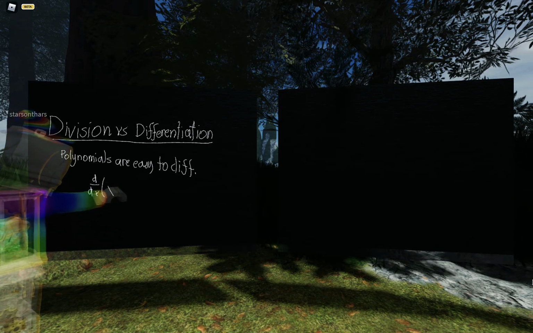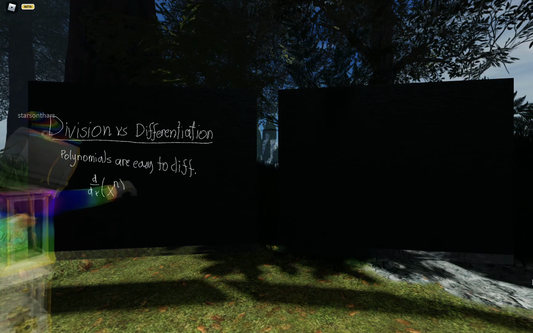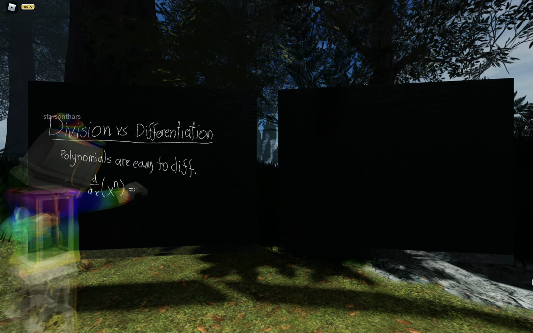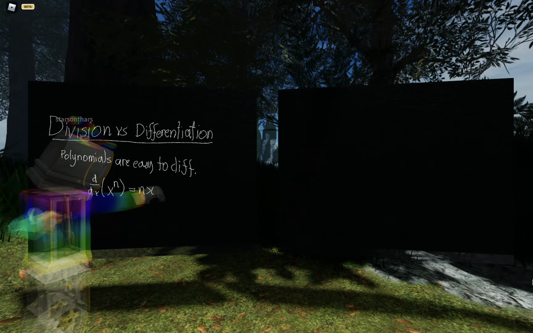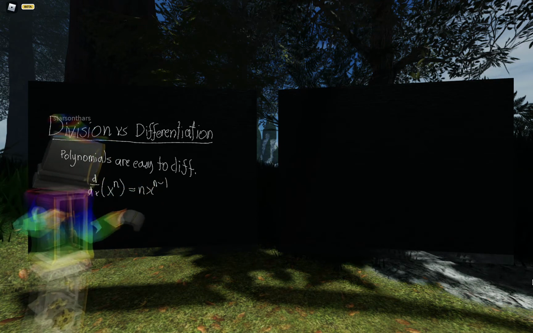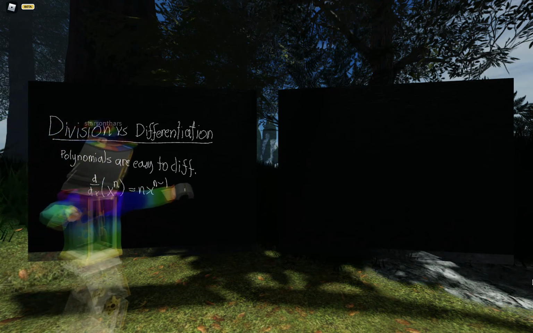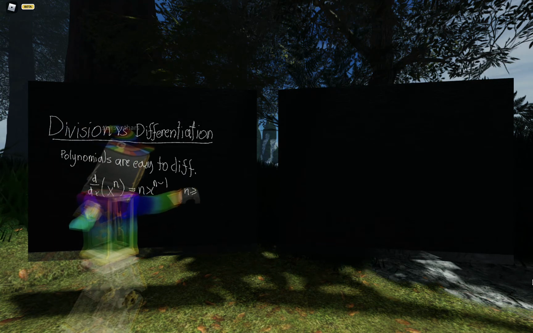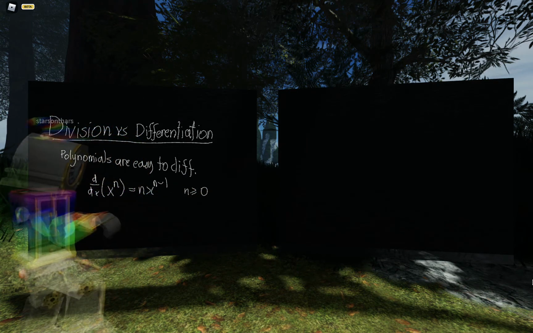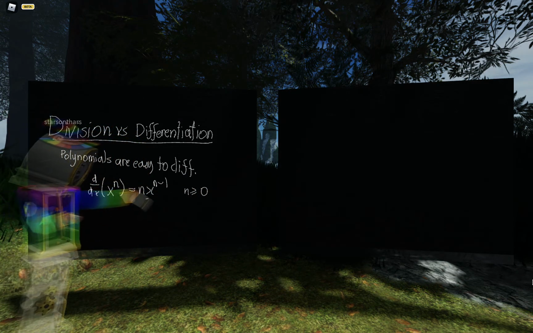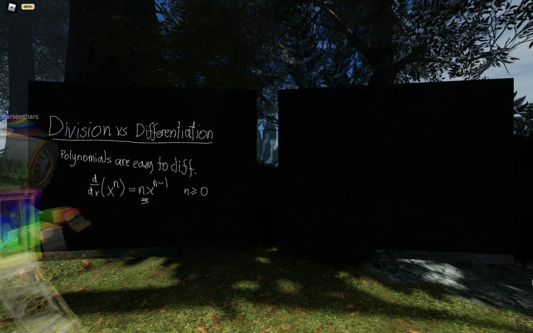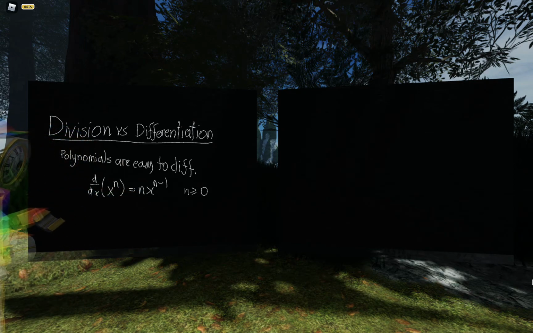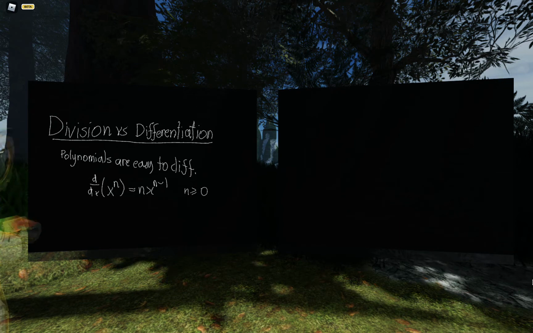A derivative is defined by a limit, but in the case of a polynomial, we have the first thing you learn in calculus class, which is this, for n greater than or equal to 0. In the case where n is 0, you just count this as giving you 0 on the right-hand side, rather than thinking about 1 over x.